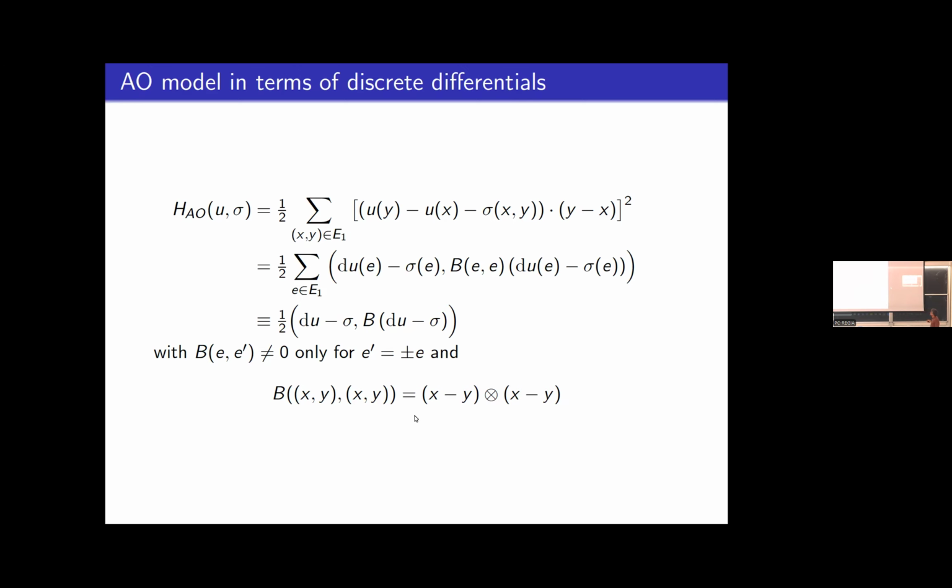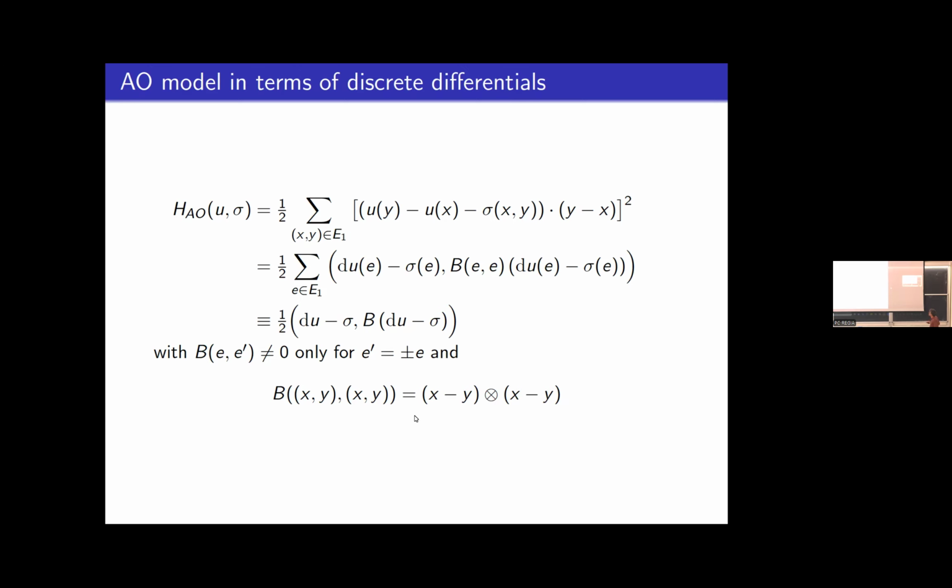Okay, so this is just a rewriting. As I already noticed, just du of xy minus sigma of xy. So you can rewrite this as a sum over oriented edges of du minus sigma, scalar product with this matrix B, diagonal matrix in the edge space, applied again to du minus sigma.